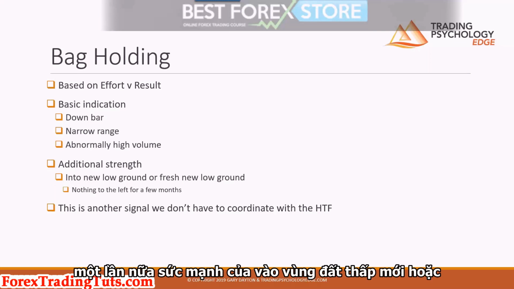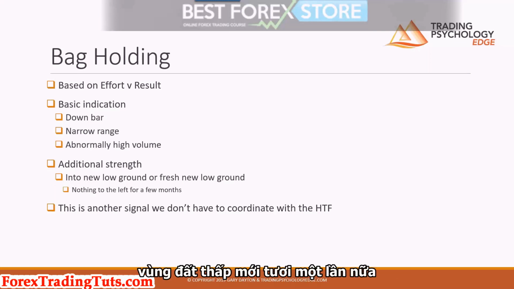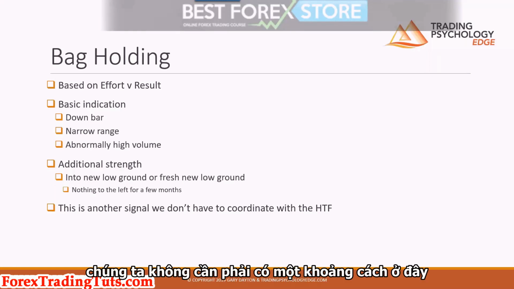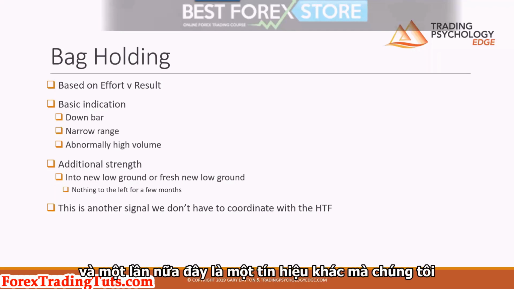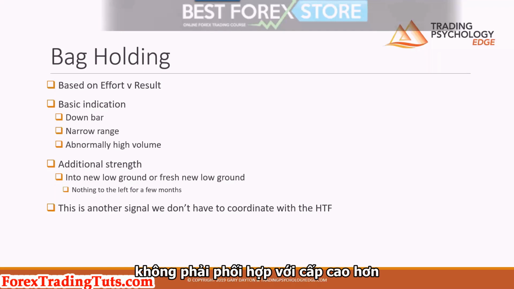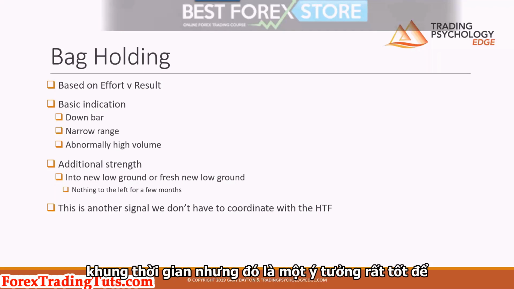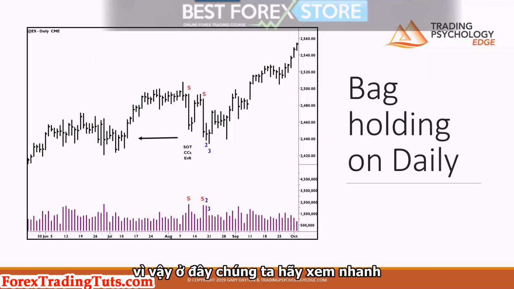Again, strength if into new low ground, or fresh new low ground from a few months prior. We don't have to have a gap here, although that could probably add to it as well. And again, this is another signal we don't have to coordinate with the higher time frame, but it's a very good idea to do.